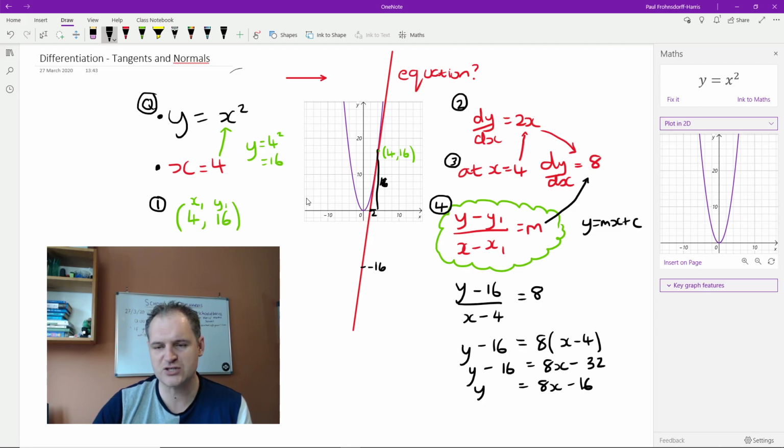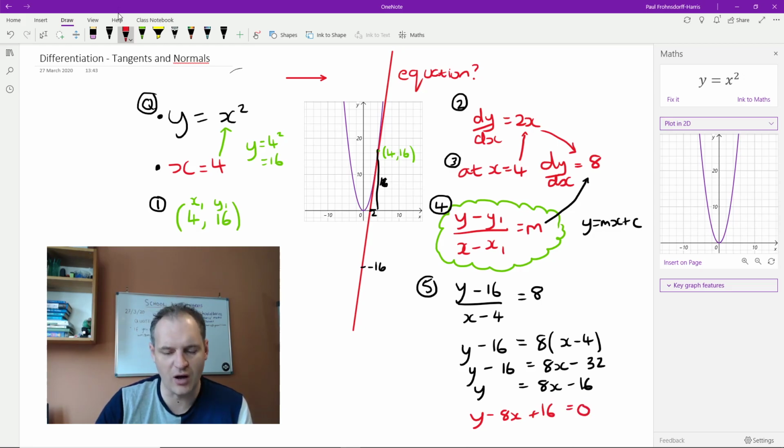The next one says step 5 is rearrange our equation until we've got y equals. Another way of leaving that, which is perfectly valid, is y minus 8x plus 16 equals 0.